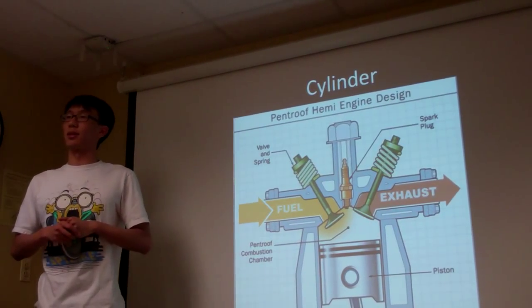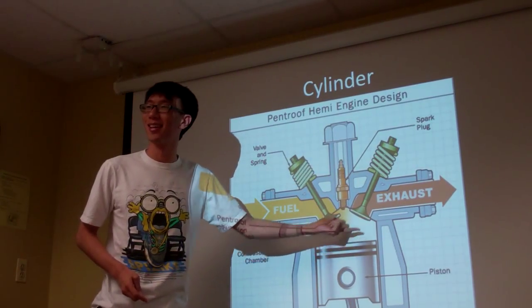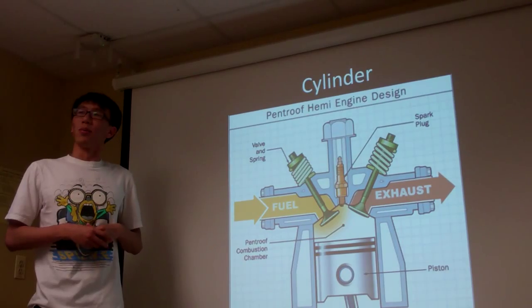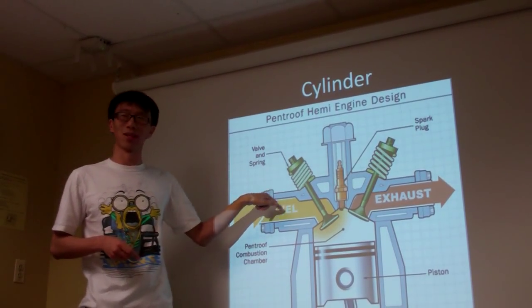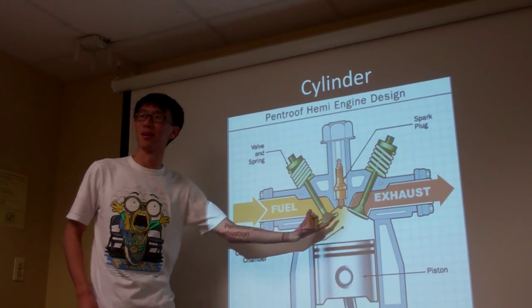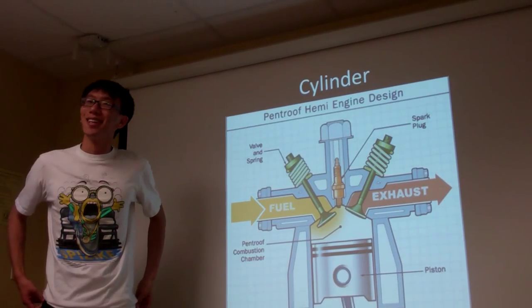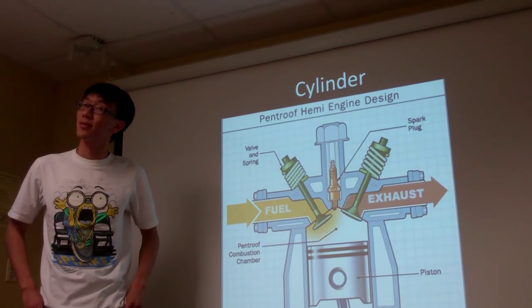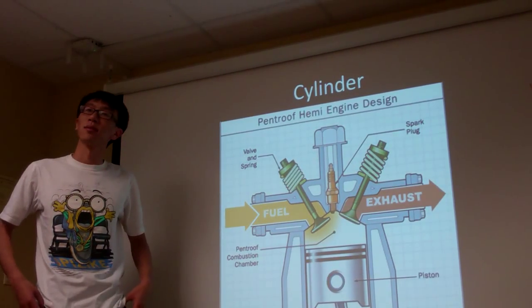My last question is to make sure you understand the process. Any volunteers want to tell me the first step of this process? You know that? Just taking the fuel. No, I think taking the air.